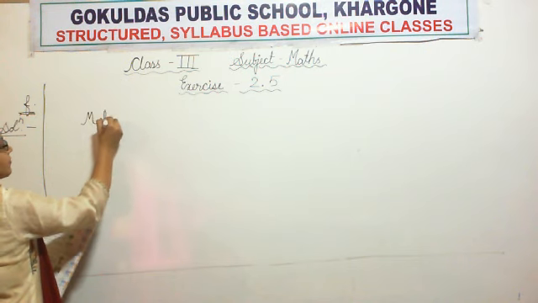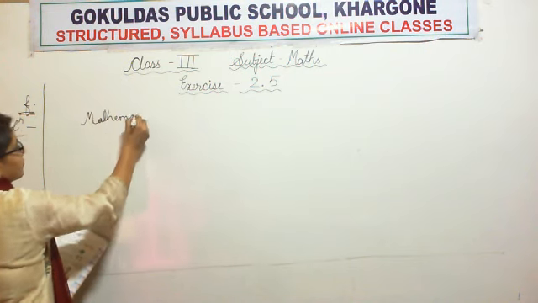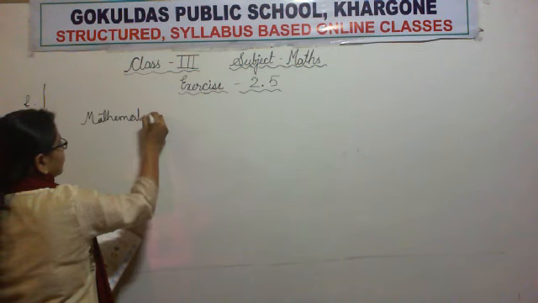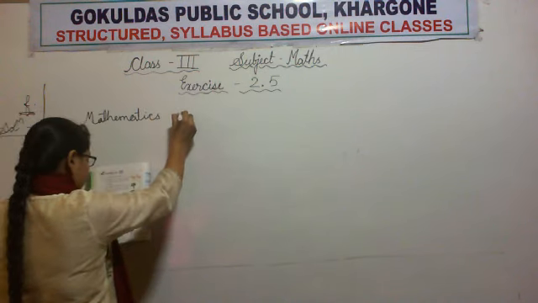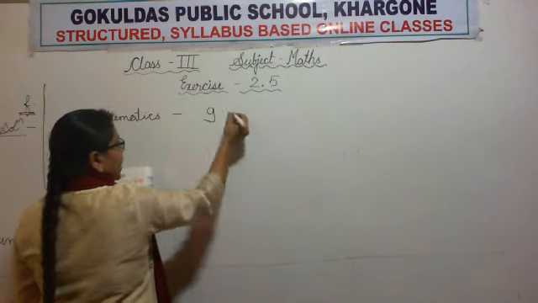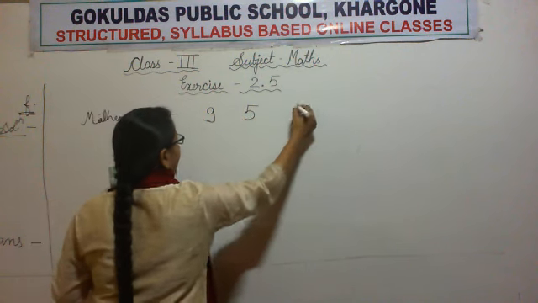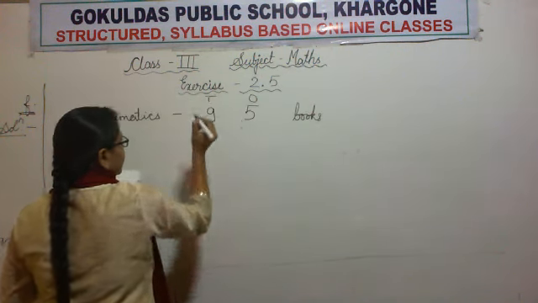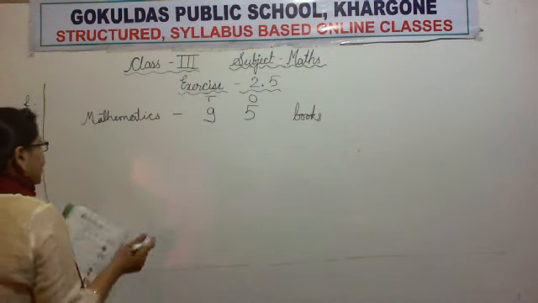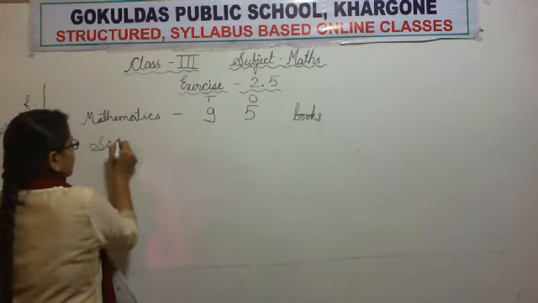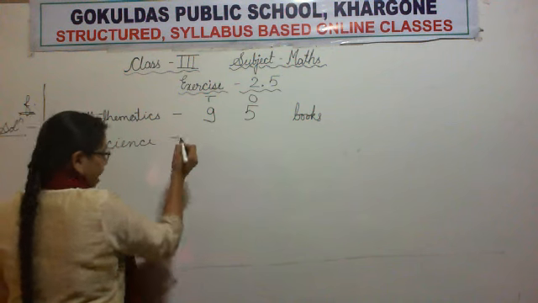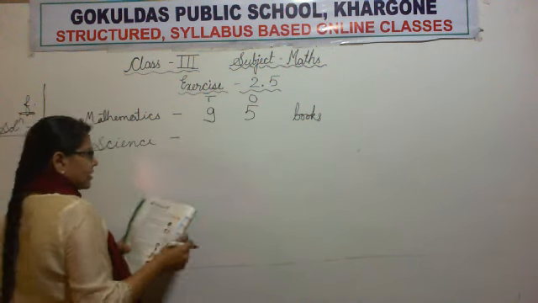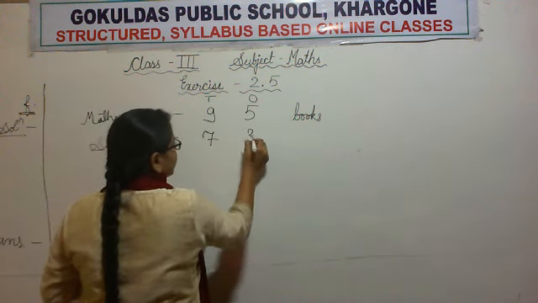Mathematics, how many books? 95 books, ones and tens. Now science, how many books of science? 73.